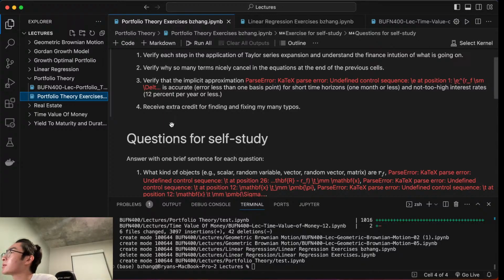Data science homework solutions, homework assignments, lecture notes. And then we have the macro policy, portfolio theory. Okay, portfolio theory.